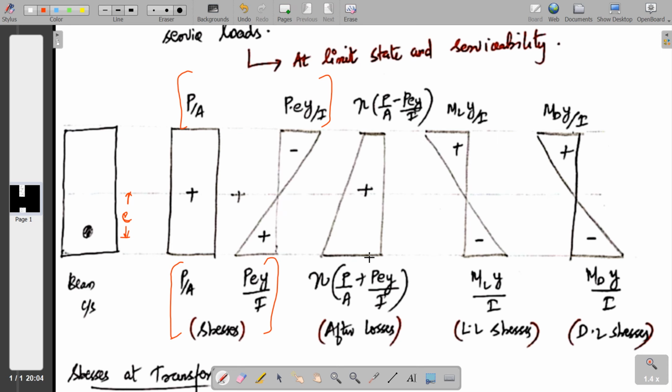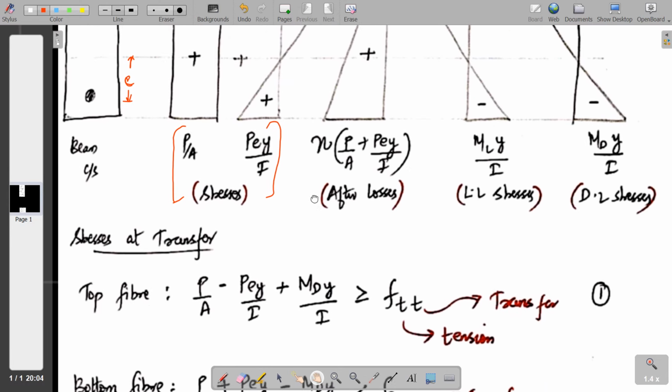At the service condition, due to the live load, you will get a bending stress distribution with compression at the top and tension at the bottom. Similarly, due to dead load moment, you will get a bending stress variation like this. This we have discussed in detail.